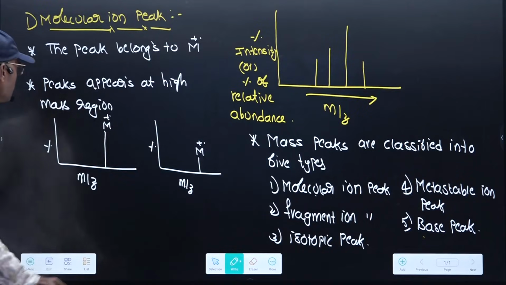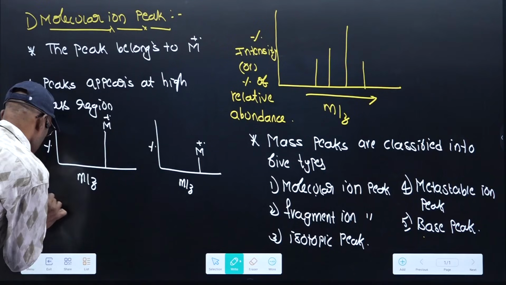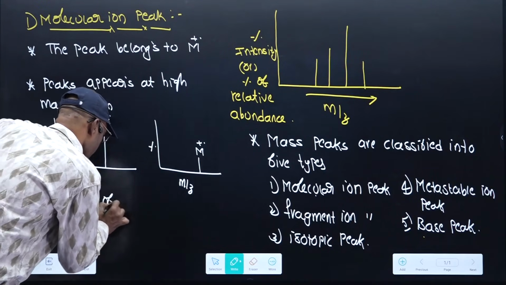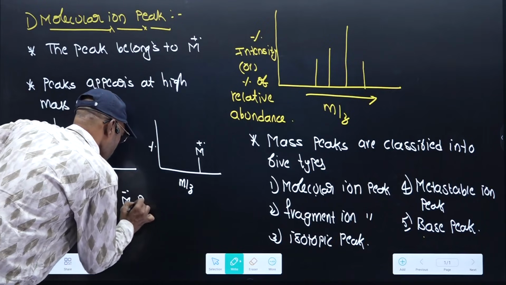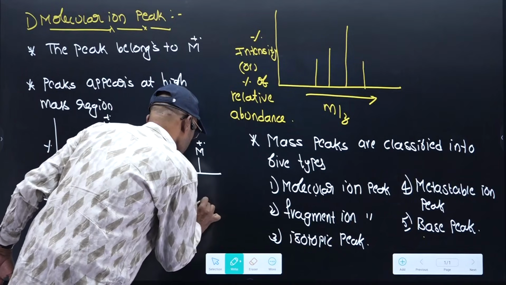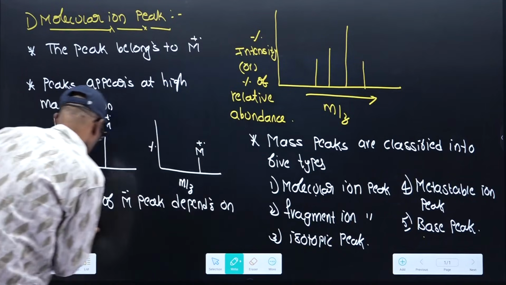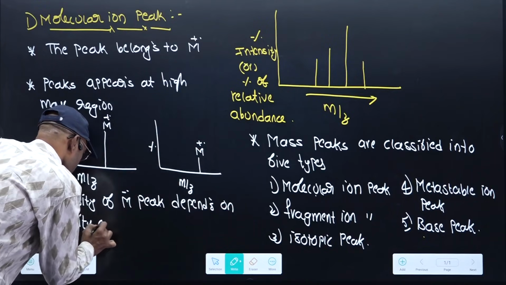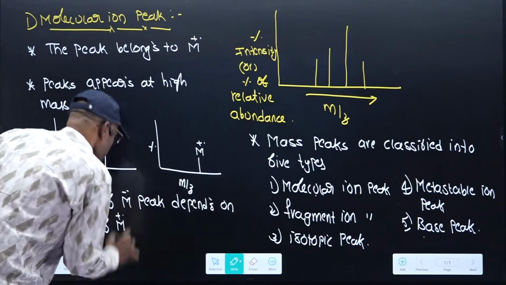So here you write that point. Point C: intensity of the molecular ion peak depends on stability. It clearly depends on the stability of the molecular ion.